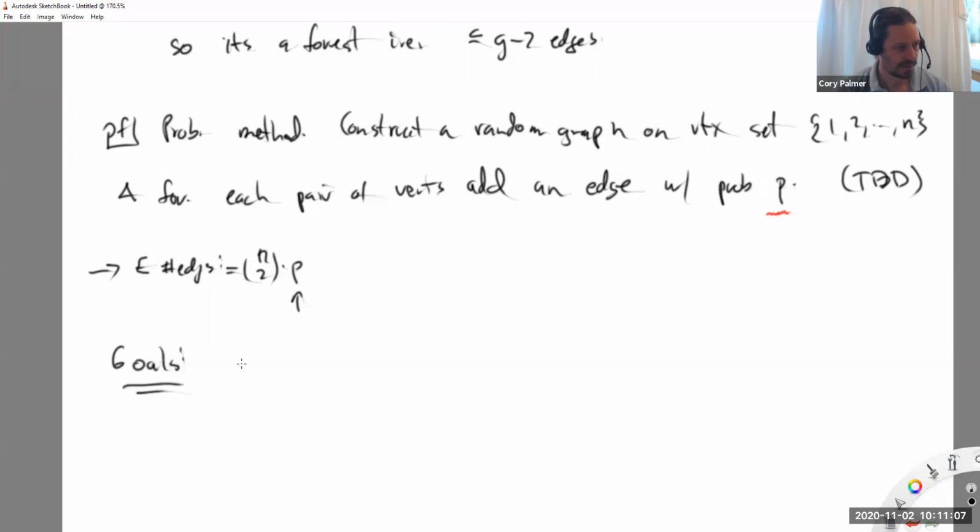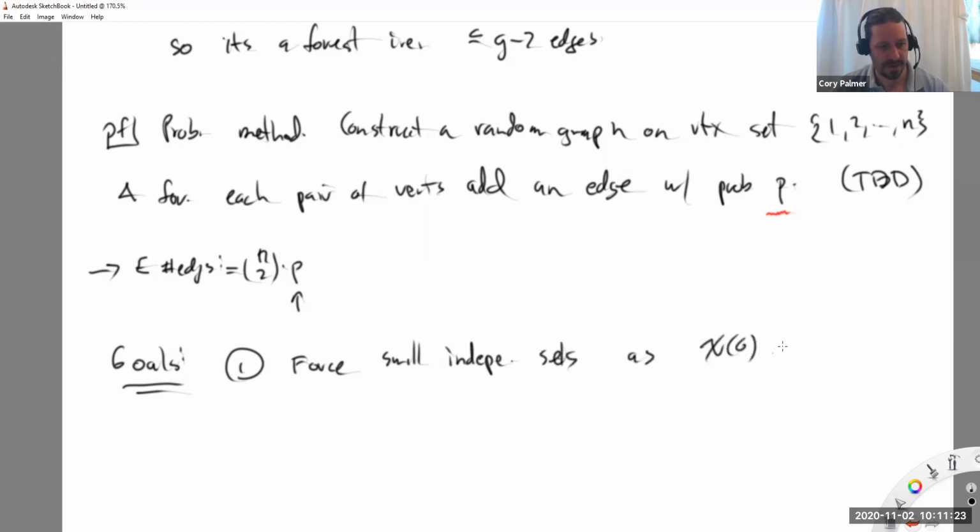There are two goals here. The first is we want to force small independent sets. We know how to bound the chromatic number of a graph below by the independence number: the number of vertices divided by the independence number, the size of the largest independent set.